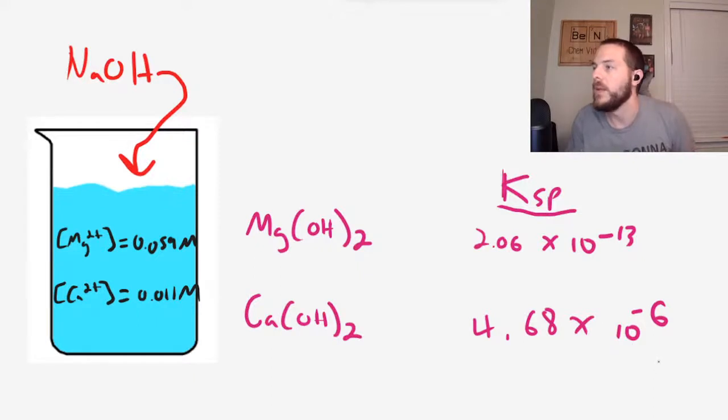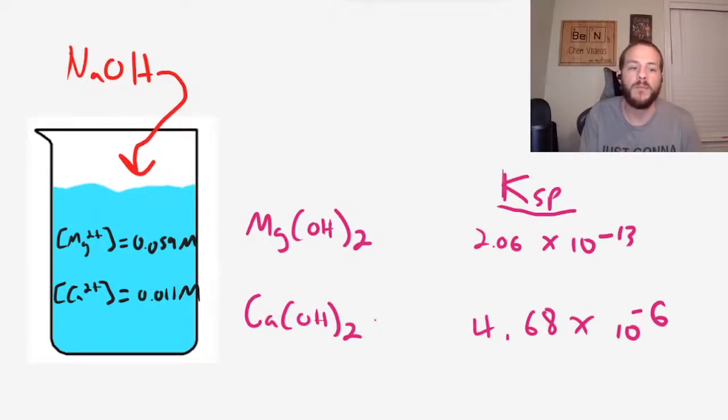So this is a small number, right? 4.68 times 10 to the minus 6, very, very small number, but it's much, much larger than the KSP value of magnesium hydroxide, 2.06 times 10 to the minus 13. And so because there's such a huge disparity in these KSP values, yes, it looks like this could work to separate these two ions, right?